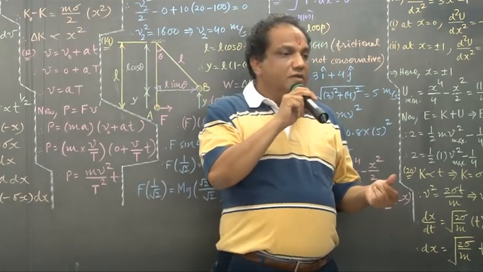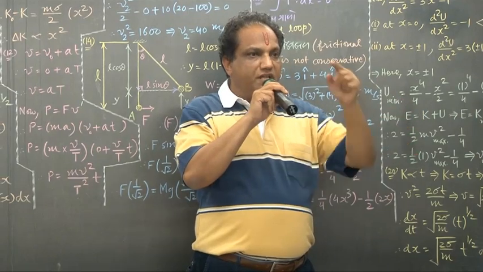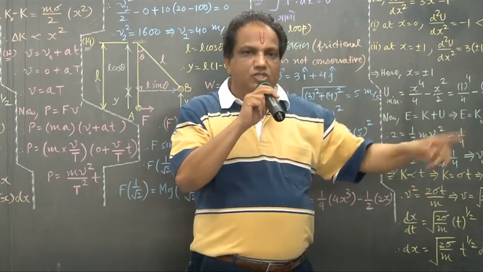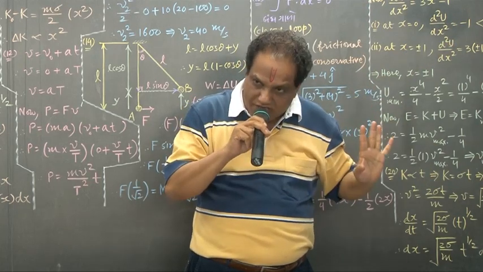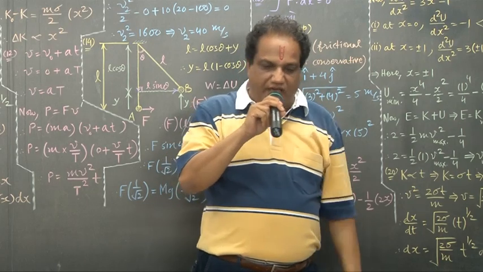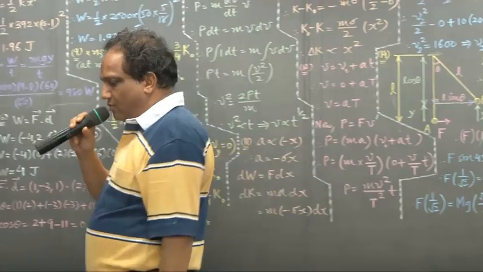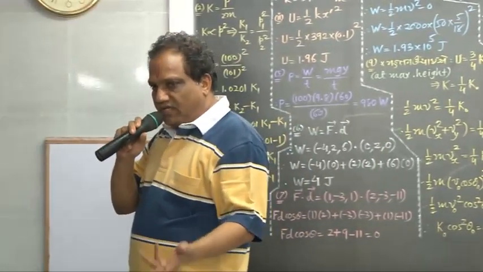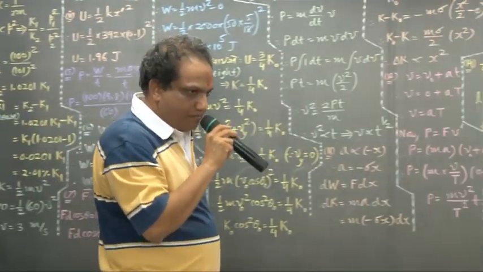Why? Integration t raised to n dt is t raised to n plus 1 upon n plus 1. Similarly here. Now don't simplify further. You can see the relation between x and t. What is that? x is proportional to t raised to 3 by 2. That is what they asked. Okay?